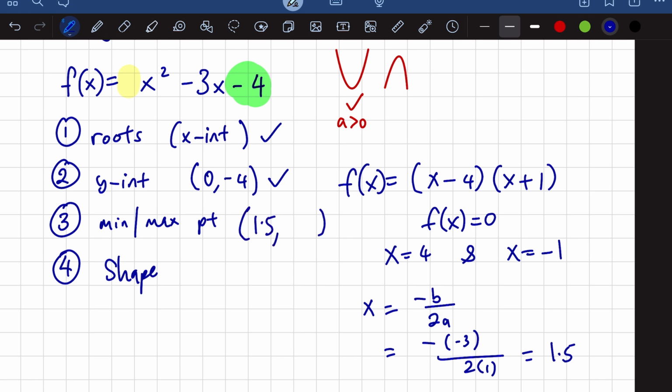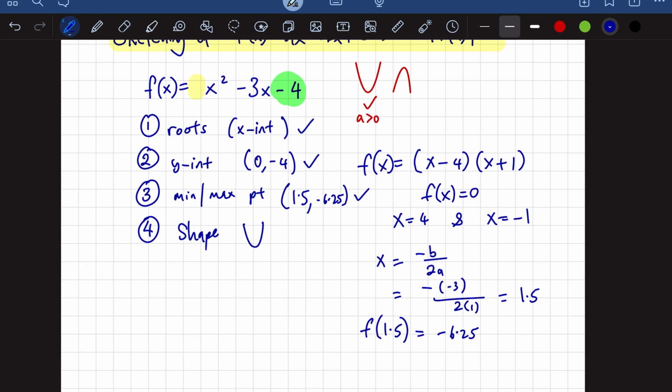We still need to find the y vertex, so we substitute 1.5 as the x value into x squared minus 3x minus 4. Let's see what our y value is. If I work that out, I think it's something around 6.25. Yeah, I believe that is so, 6.25.